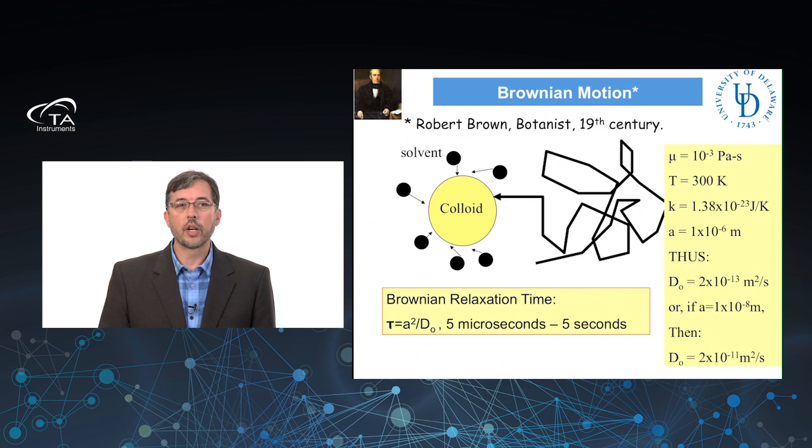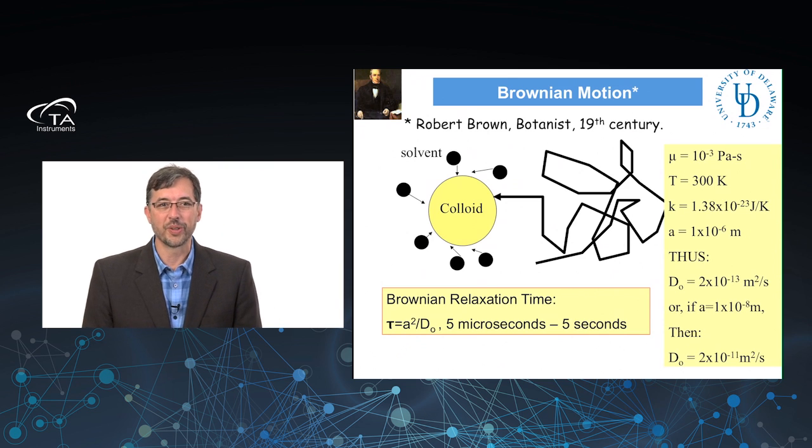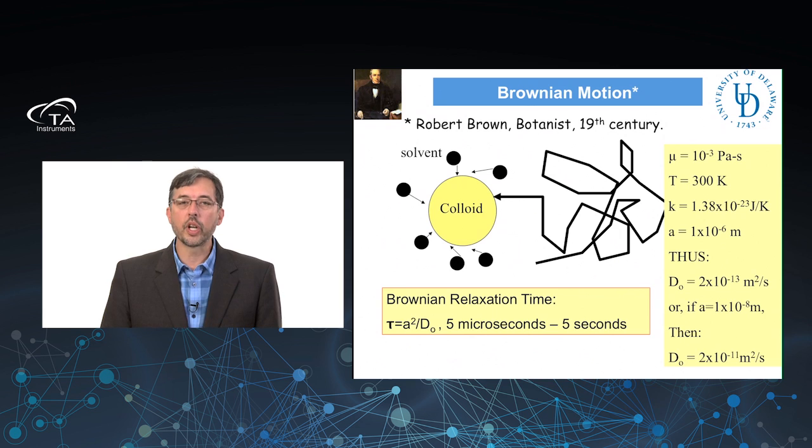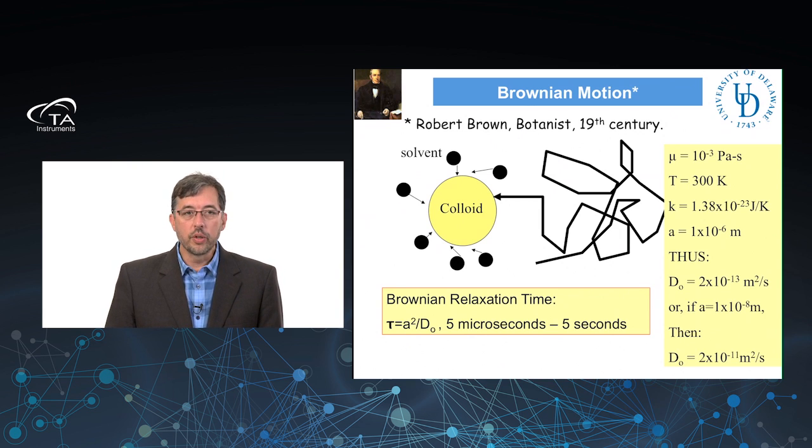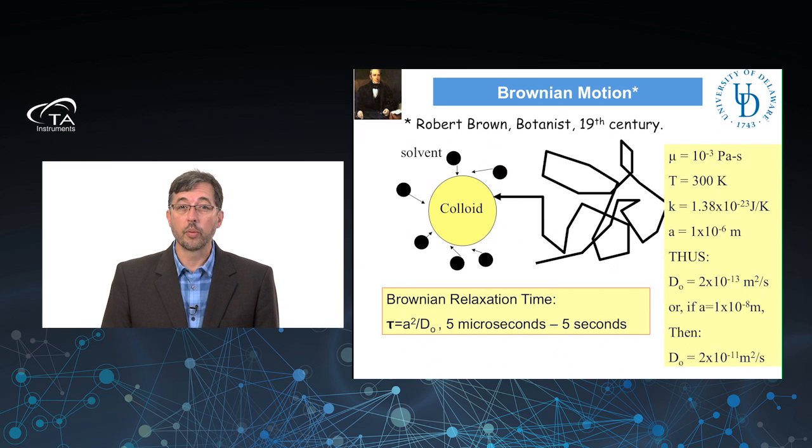You can get a rough idea of how fast that diffusion is by putting in some typical numbers, such as the viscosity of water, room temperature, Boltzmann's constant, which is known, and a particle size on the order of a micron. You end up with a diffusion coefficient of 10 to the minus 13 meters squared per second. Now that may not mean much to us, but you can calculate a time scale that's important for the rheology by using that number and the characteristic particle size, again a micron, to calculate a characteristic time scale for Brownian motion.